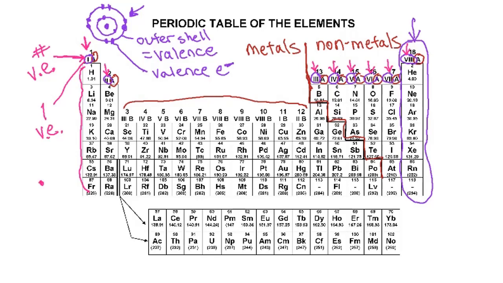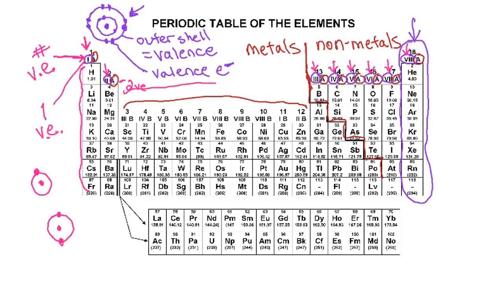So if you have a nucleus, they have 1 electron in that outer shell, like that. Now this group 2A is going to have 2 valence electrons in their outer shell. So here's the nucleus, here's their outer shell, and they're going to have 2 electrons in the outer shell.